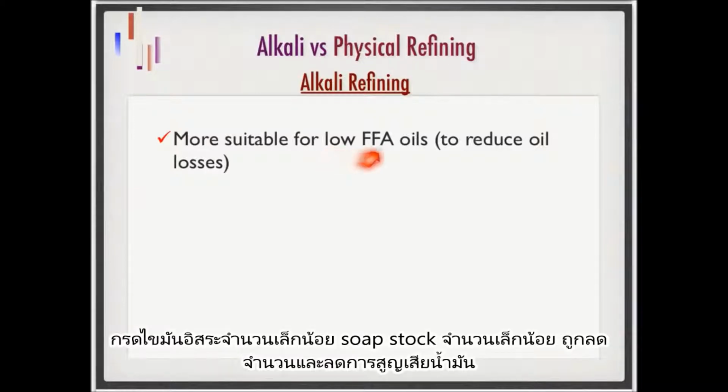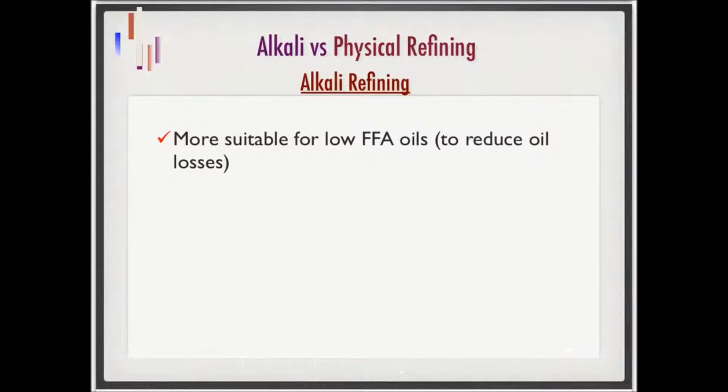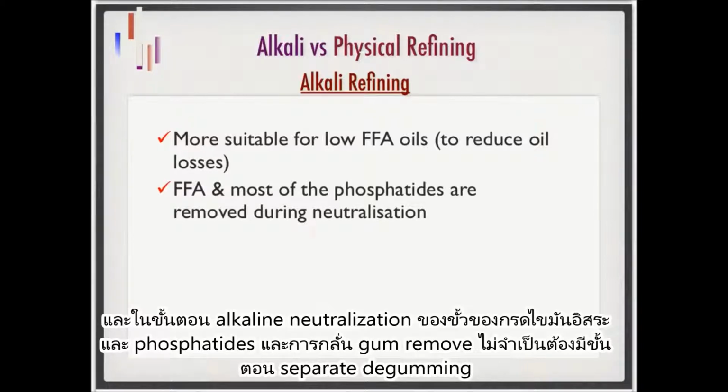So with a low amount of free fatty acid, a low amount of soap stock will be produced, and therefore this will reduce the oil losses. So in the alkali neutralization step, a lot of free fatty acid and the phosphatides, or the gums, will be removed.